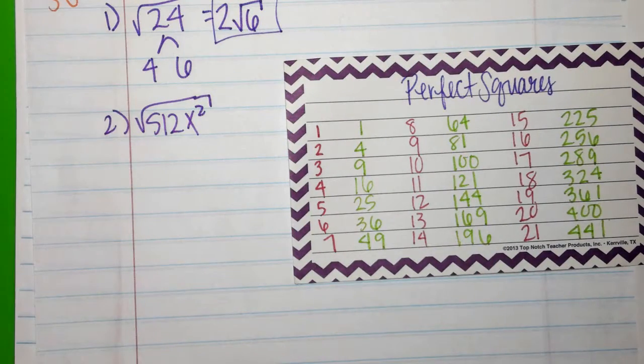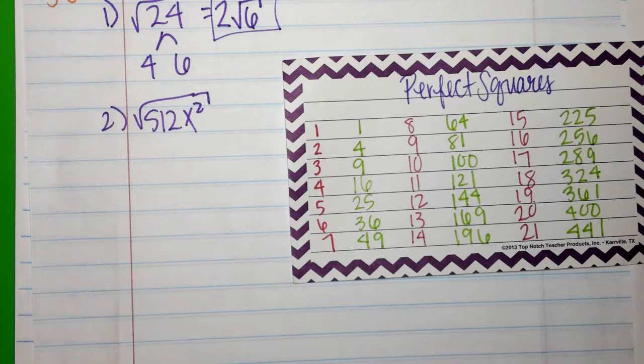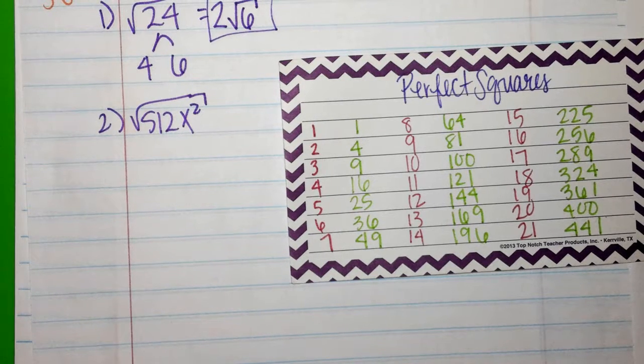Now again, we need the biggest perfect square. Is it 64?